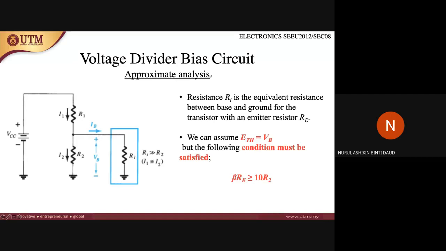So this is just for your information. For approximate analysis, the extra thing that you need to consider is a resistance Ri, equivalent to the resistance between base and ground. At the base and ground, there is another resistor Ri that you need to consider.